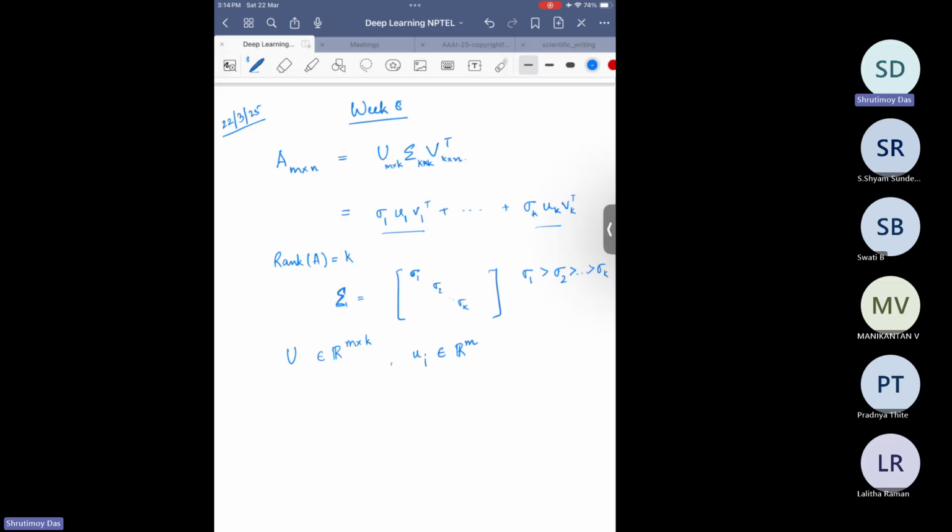Similarly for V, which is of size n by k, each vi will be an n-dimensional vector.